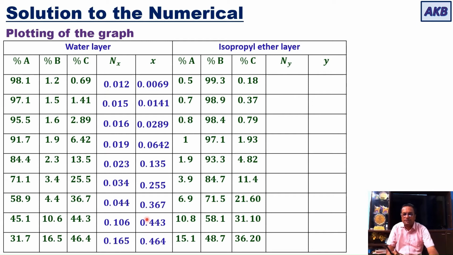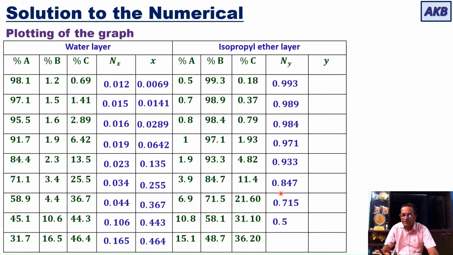So simply percentage of B is converted to weight fraction of B and percentage of C is converted to weight fraction of C. Similar calculations are done for the isopropyl ether layer. So accordingly, you get weight fractions of B, which are obtained by dividing weight percentage of B with 100. So you get all the values.